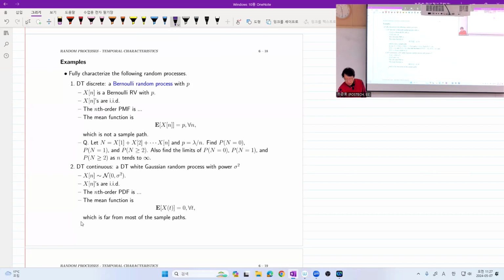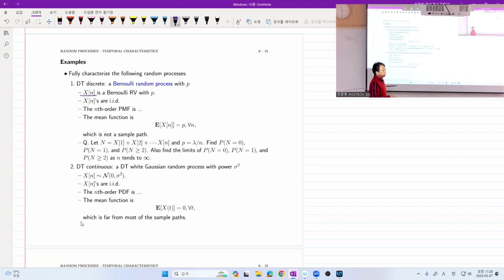Anyway, let's start. The first example is a discrete time, discrete random process. I denote it by capital X of square bracket n. Each of these, which is a random variable for different n, is now modeled as a Bernoulli random variable with parameter p. What does that mean? Bernoulli means that your outcome is either 0 or 1, and when you say Bernoulli with parameter p, the outcome 1 has probability p.